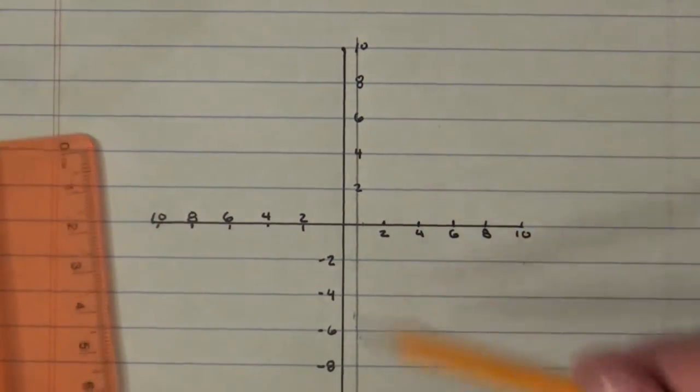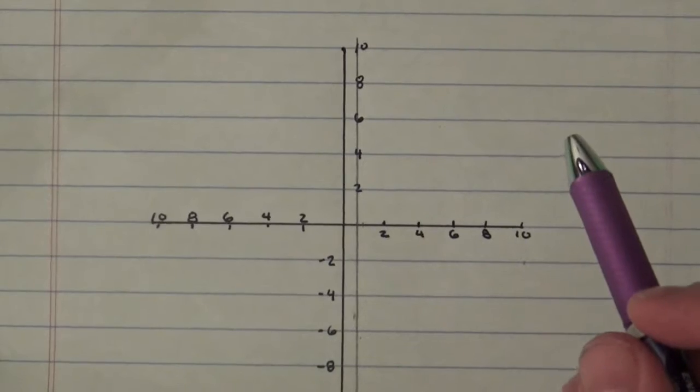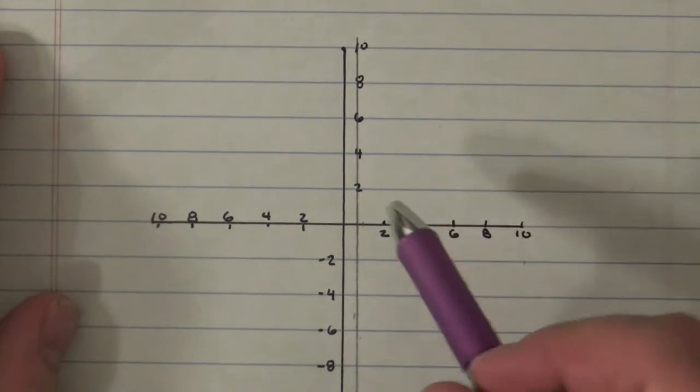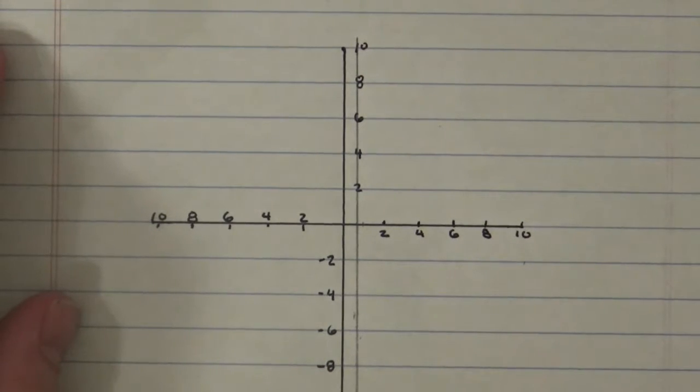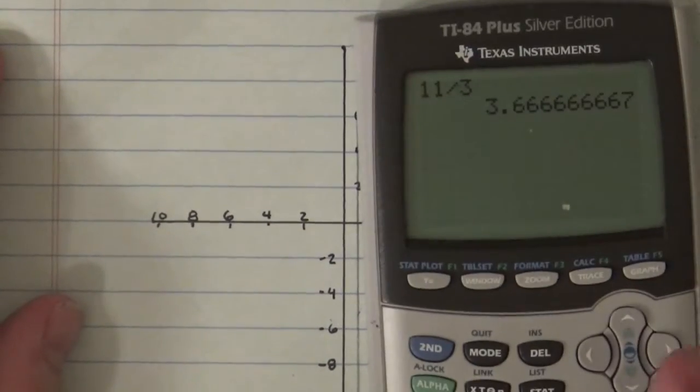Again, we won't need this in the final product, it's just good to have as we're graphing, because whatever we do on one side, we can mirror on the other. Now, our vertex is 2/3 and negative 11/3. Well, in case you don't know your fractions, 11/3 is equal to 3.6666 repeating.